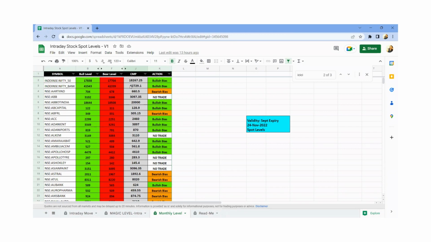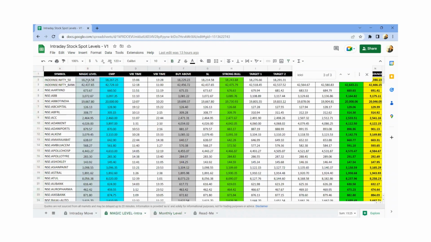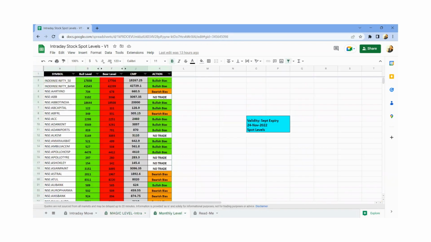Now, if you want to complement it with the intraday levels, you have the intraday levels out here, which give you the intraday moves as well. So you can complement your positional levels with the intraday levels and do intraday trades on the same stock.